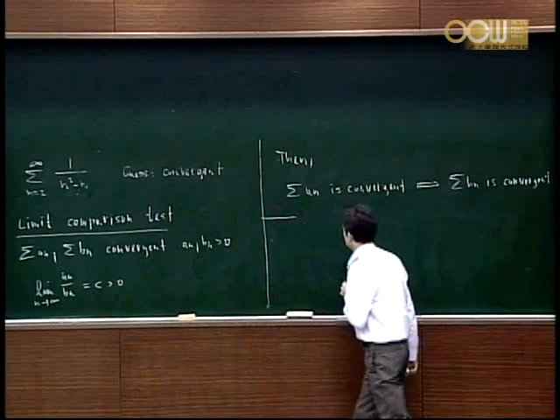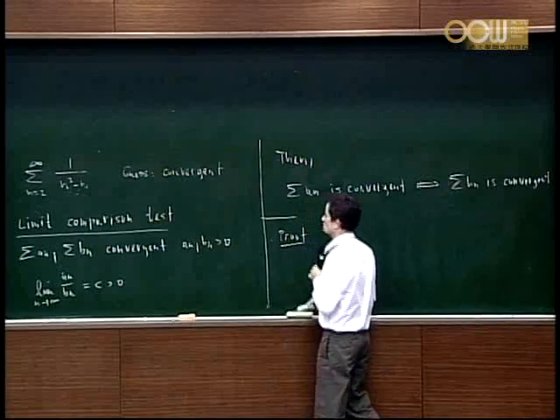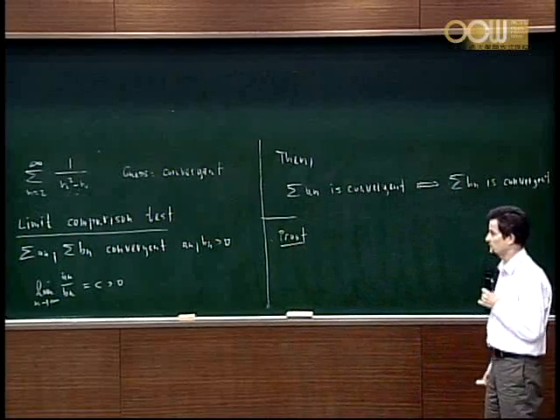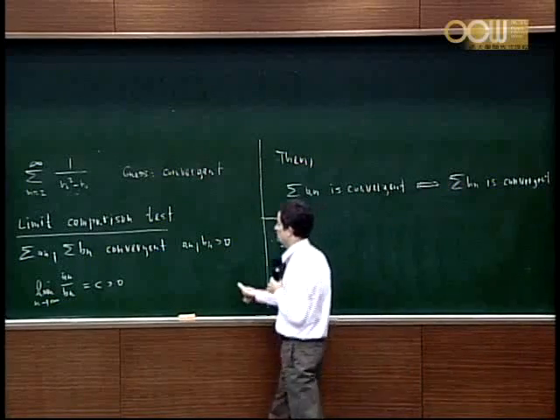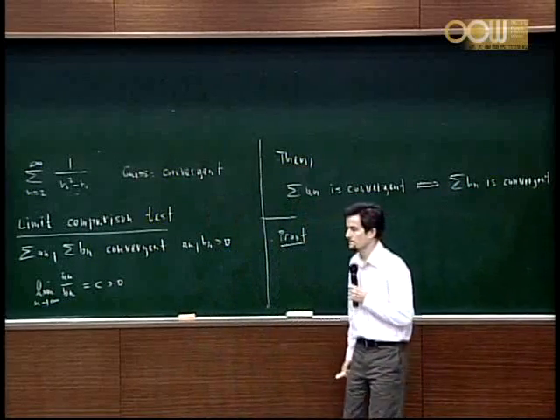Now, maybe let's look at the proof, because this is a good application of the monotonic sequence theorem, or actually what we use here in order to prove this is just the original comparison test.